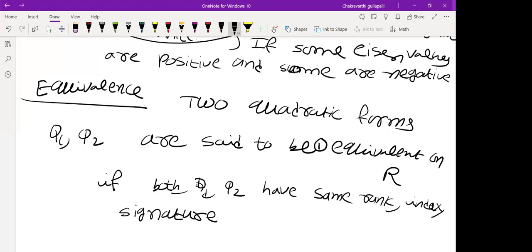Then they are said to be equivalent over R.